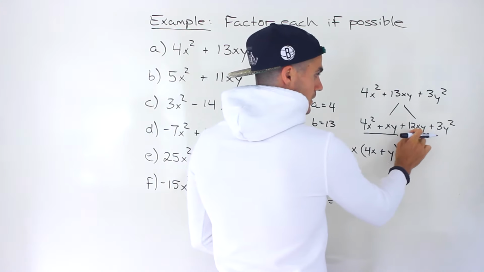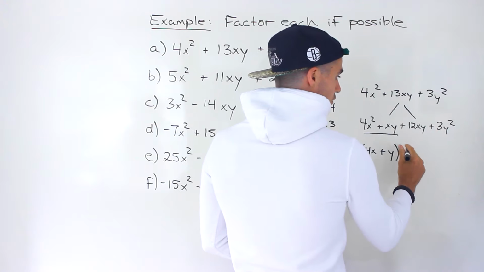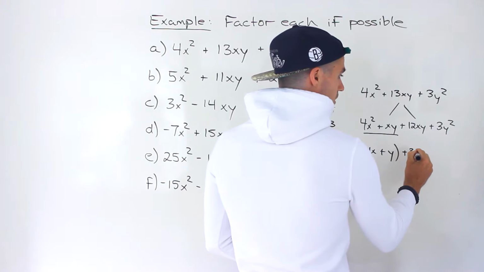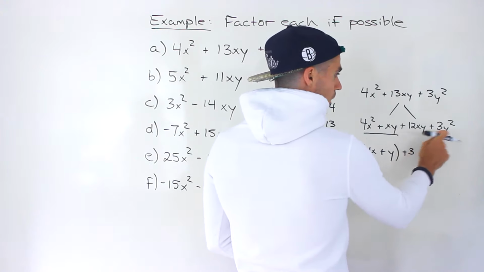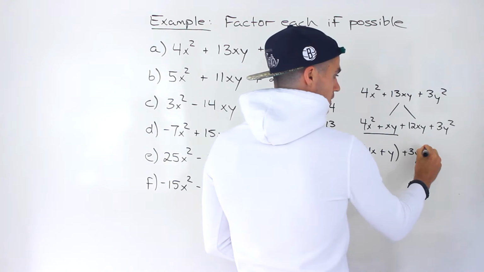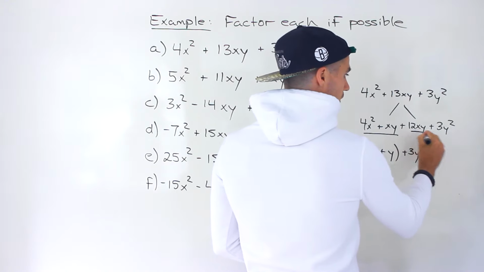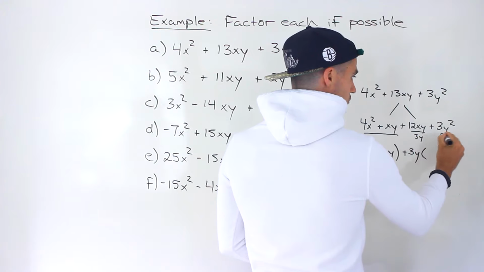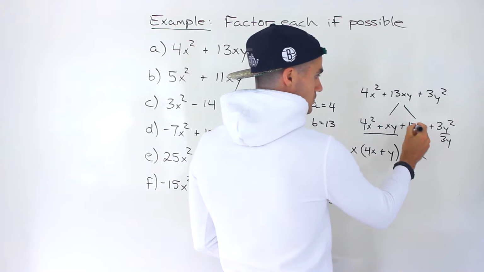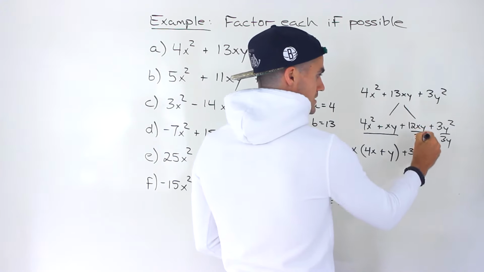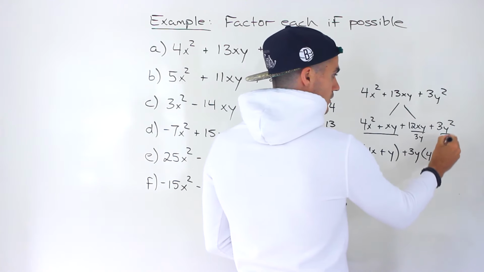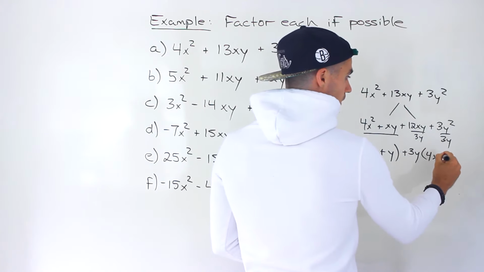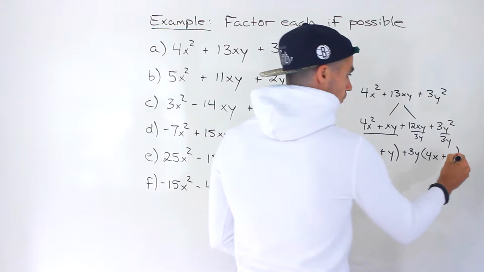Now between these two, we got a 12 and a 3, so notice that a 3 is definitely going to be common. And then we have a y variable in both, so we could take out a y variable. So what would we be left with? Well, we would just divide this by 3y, divide this by 3y, so 12 divided by 3 is 4, the y's cancel out, we're left with an x, the 3's cancel out, y squared over y would give us just y.